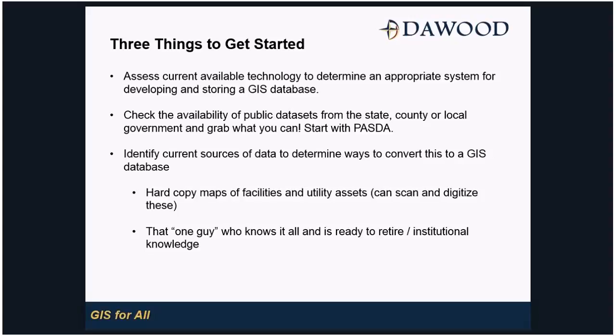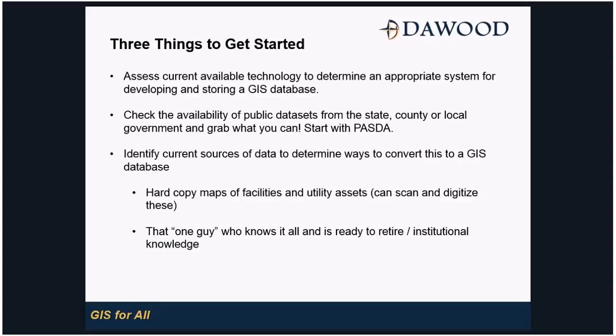Second, check the availability of public data sets from state, county, or local government and grab what you can. Start with PASDA. There are boundaries, streams, wetlands, land use, zoning, census information, all out there for free that could really help you to get a better picture of characteristics of your community.